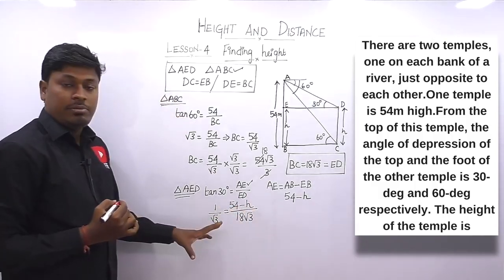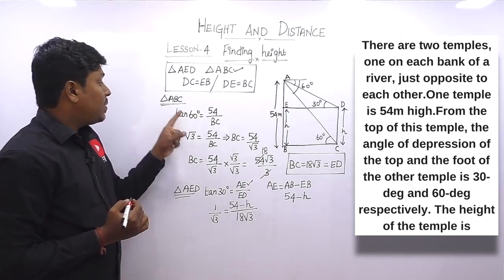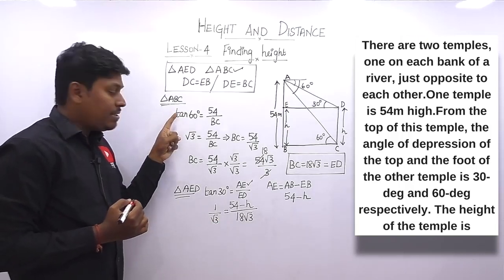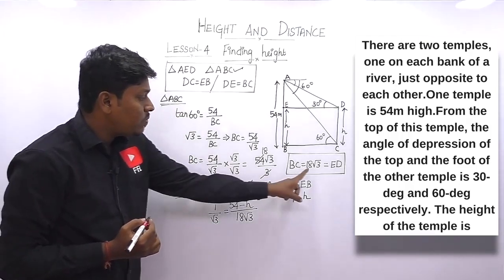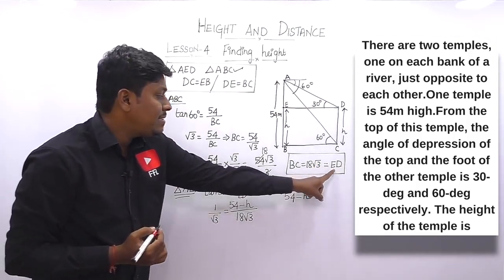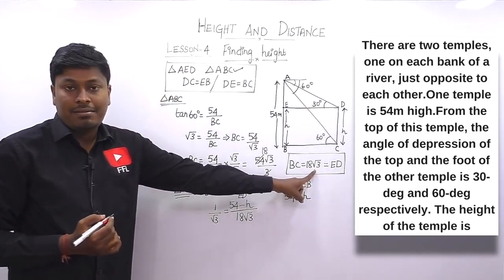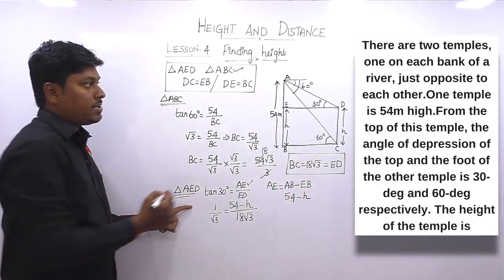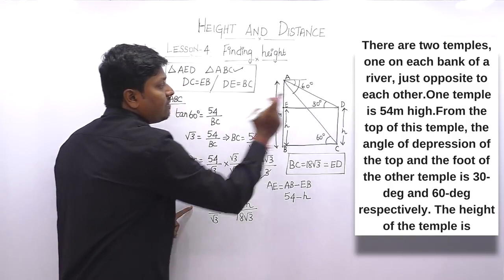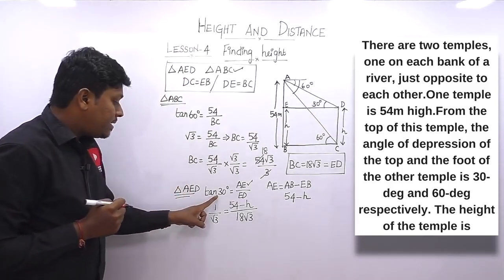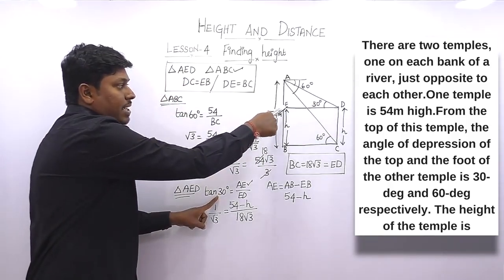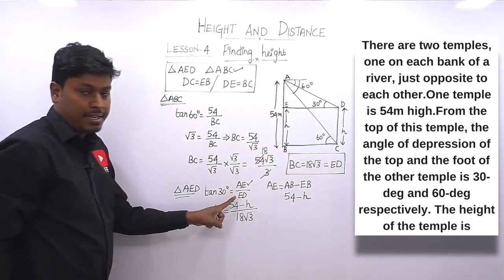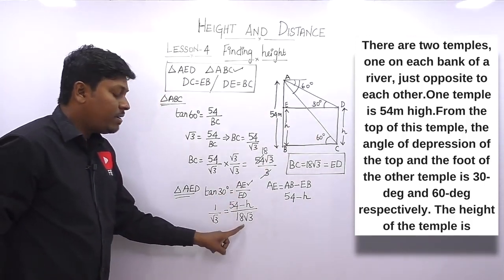So friends, most important step, listen carefully. By using the right angle triangle ABC, we found BC is equal to 18 root 3, or otherwise BC and ED both are the same, which we have calculated as 18 root 3. And the next right angle triangle is AED, where the angle of elevation is 30 degree. So tan 30 is equal to opposite, which is AE, divided by adjacent, which is ED. And we already know ED will be 18 root 3.